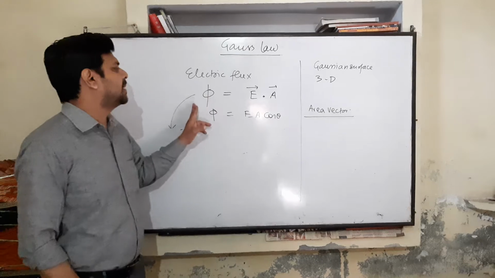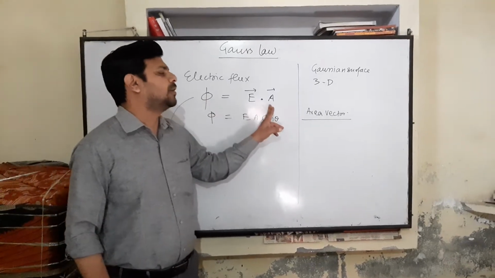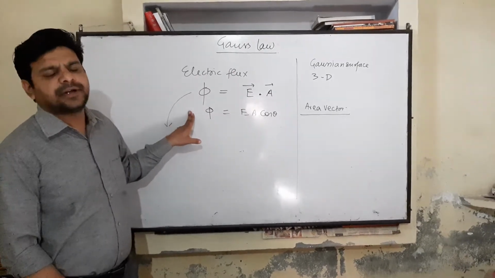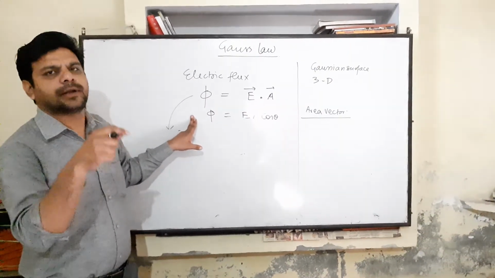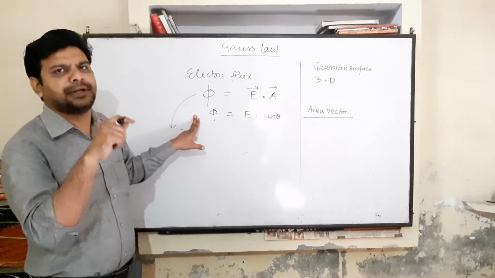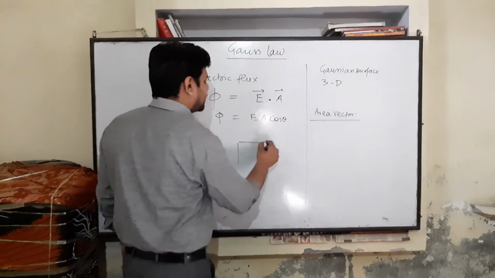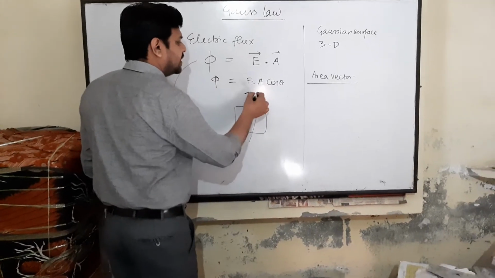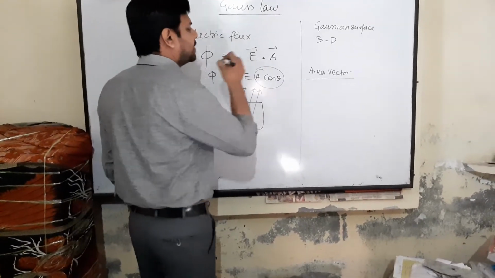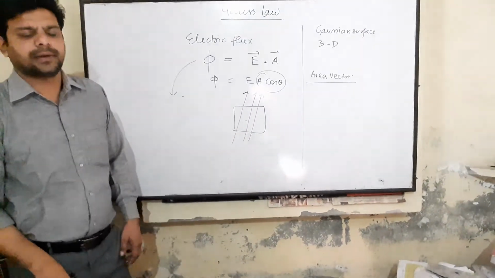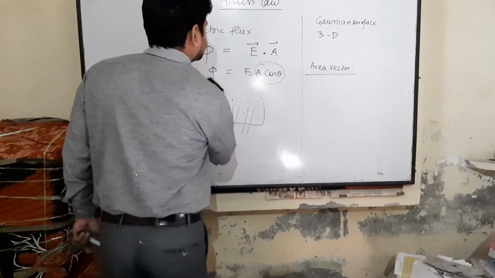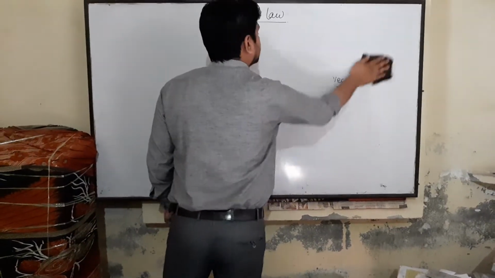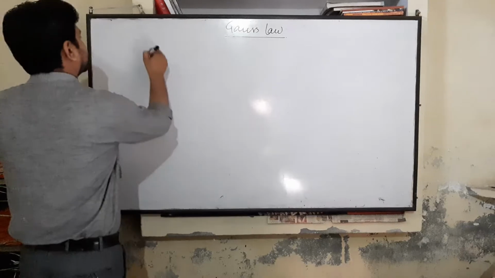And electric flux is given by phi is equal to vector E dot vector A. It is the number of electric field lines passing perpendicularly through a surface. If the electric field is not perpendicular to the surface, then we have to take the component which is perpendicular to that surface. Now the statement for Gauss law.